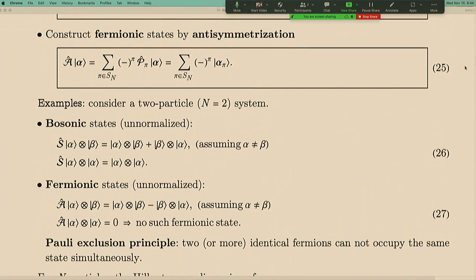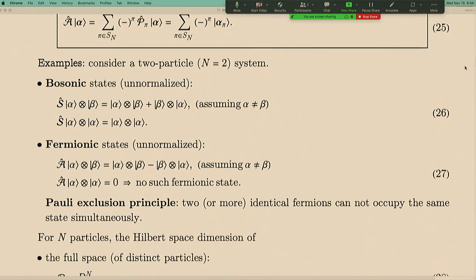Maybe this is a bit abstract, so let's look at an example: a two-particle system where n equals 2. If we only have two particles, then this alpha is labeled by a length-2 sequence. Instead of alpha 1 and alpha 2, I will call it alpha and beta. Suppose I have a two-particle system where the first particle is in the alpha state and the second particle is in the beta state.